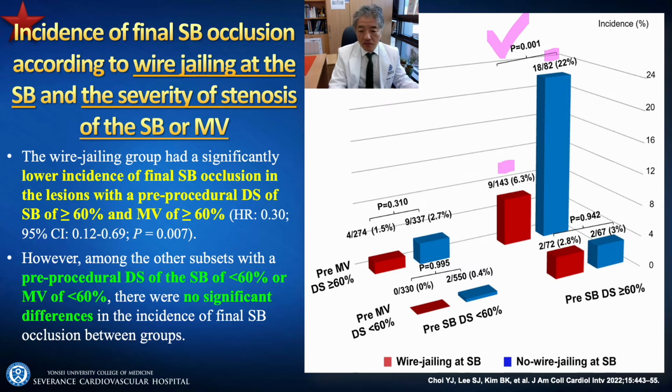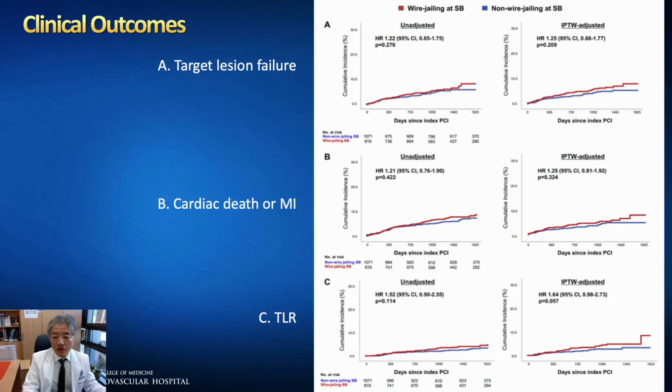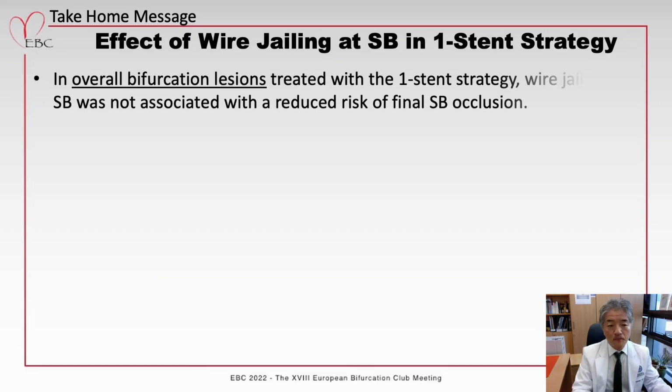However, among the other subset with pre-procedure diameter stenosis of the side branch less than 60% and main vessel less than 60%, there was no significant difference in the incidence of final side branch occlusion between the groups. When you look at the clinical outcomes according to wire jailing, there was no significant difference.